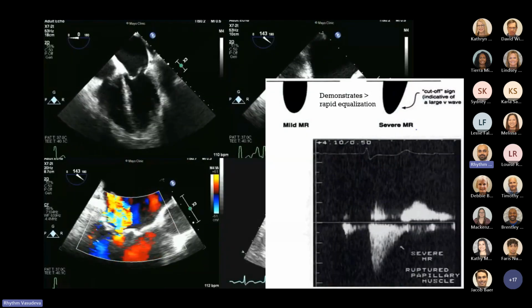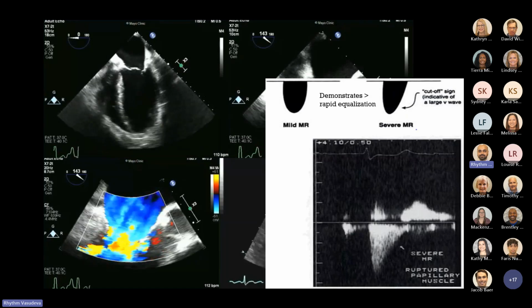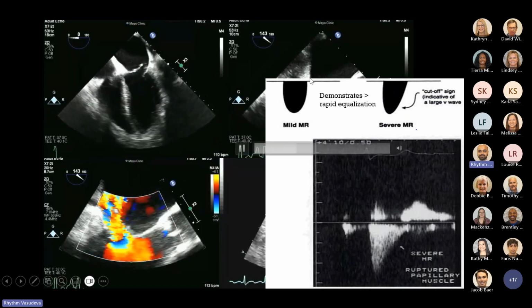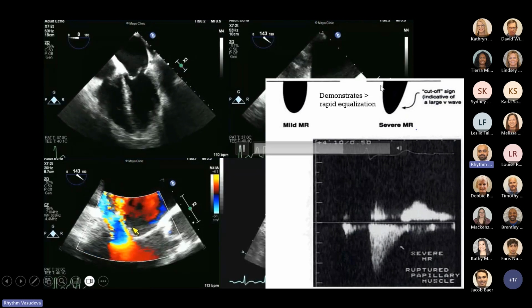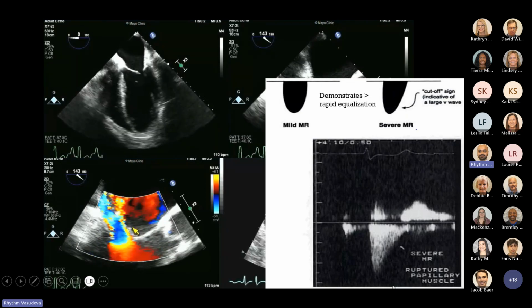The other thing you see with torrential MR, when there's almost equalization of pressures between the LV and the left atrium, you typically want to see a well-rounded MR waveform on continuous Doppler, but you see this cut-off sign, which can be indicative of severe MR and showing early equalization of pressures.